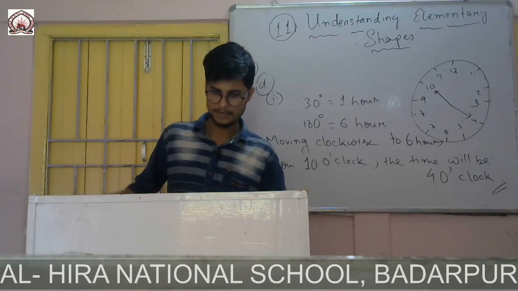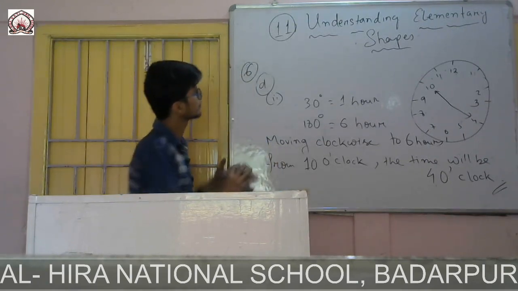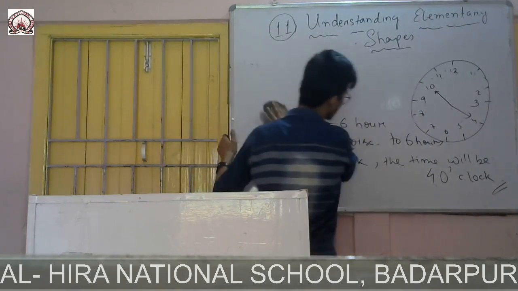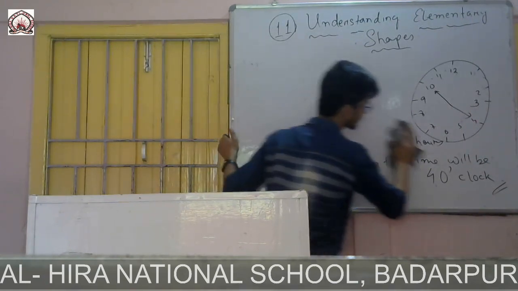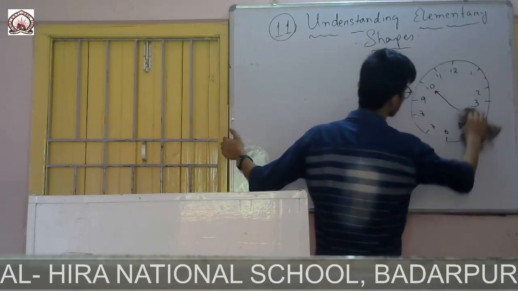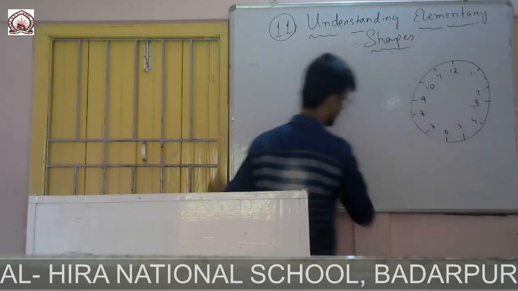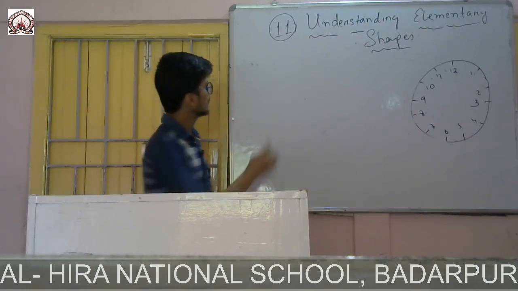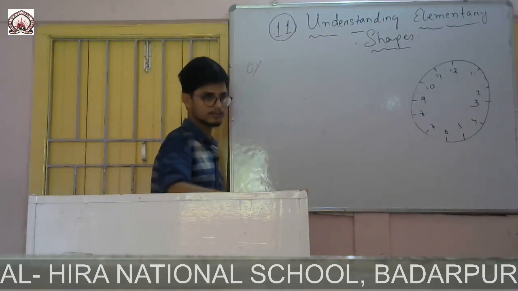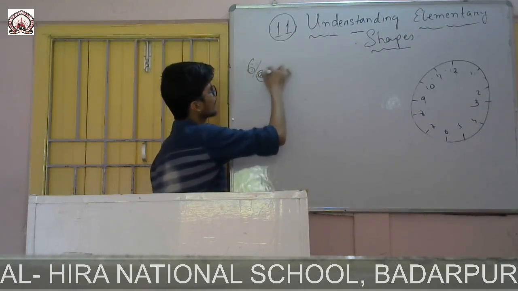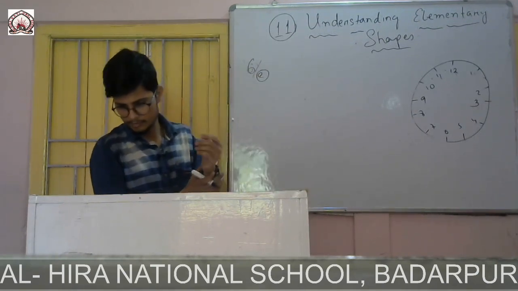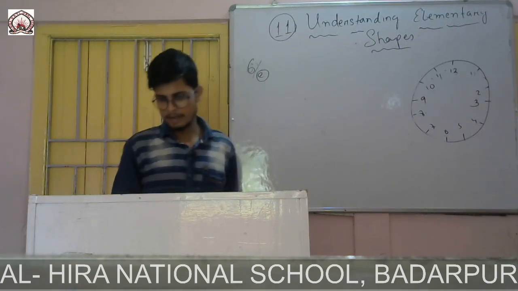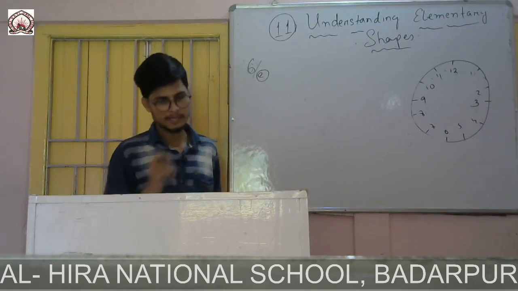So first of all we will find, question number 6, option number A. Sorry, this question number E you see. Before solving this one, I will find what is the measure of each angle.